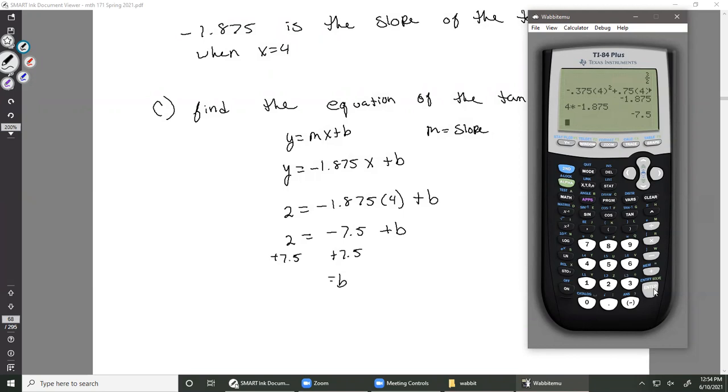And so I get b is equal to 9.5. Last but not least, putting our equation together, y equals negative 1.875 x plus 9.5.